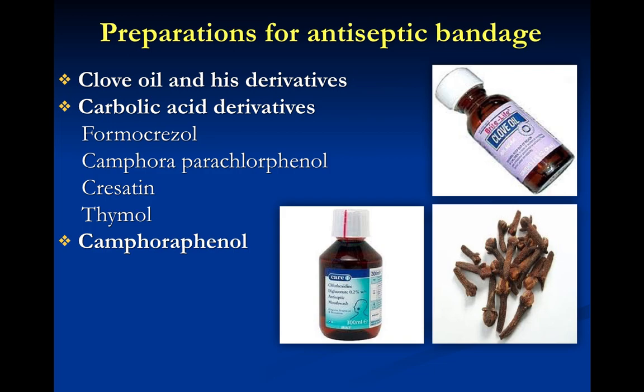It is based on the penetration, or diffusion, of the ions into the dentin canals. That's why this bandage is very important for us in treatment of periodontitis, especially acute periodontitis in the first visit.